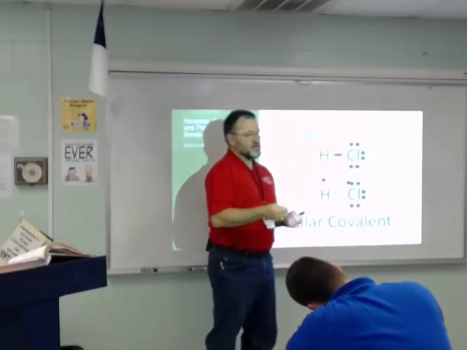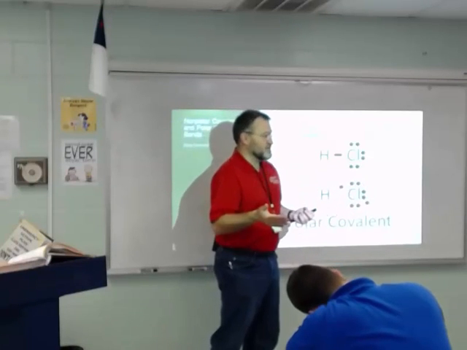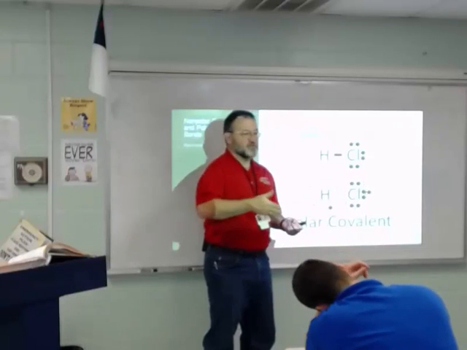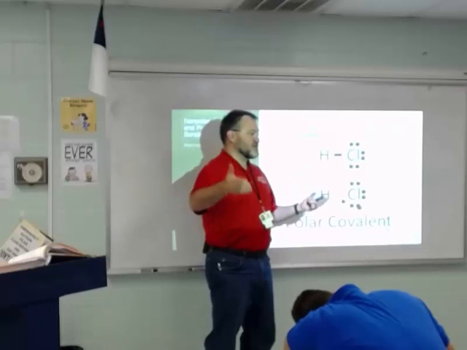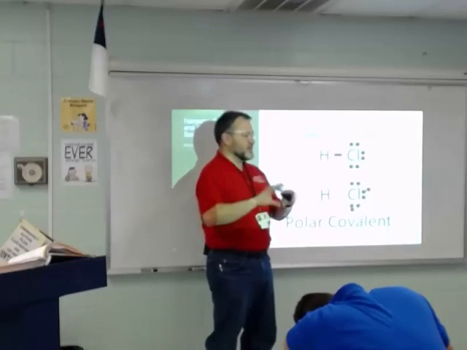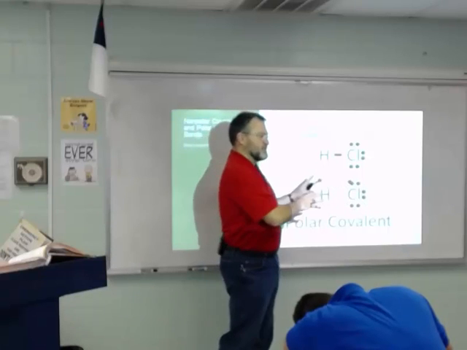If it's between 0.3 and I believe it's 0.5, then it would be a polar covalent. And if it's above 0.5, it's going to move up to 1. And if the difference is 1, it's ionic. That's part of the math part of it. I don't think we go into that in this course. But right now we're just dealing with the concept.